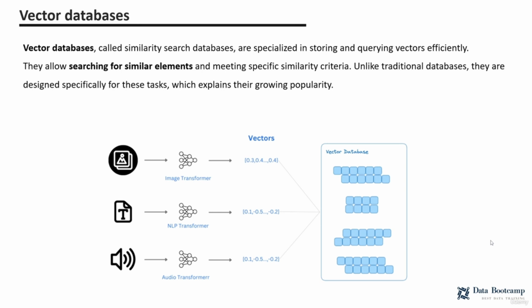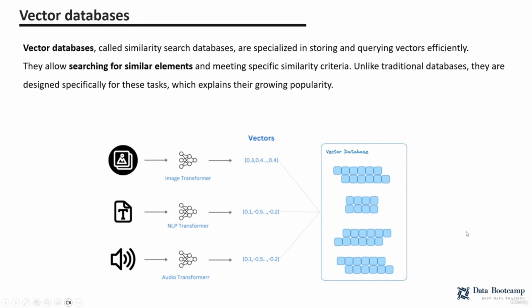It's also noteworthy that vectors are not only derived from processed text, but any unstructured data, such as images, audios, or videos, can be transformed into vectors through various transformers. Subsequently, these vector databases can be used to search for, for instance, images similar to each other or audios similar to each other.